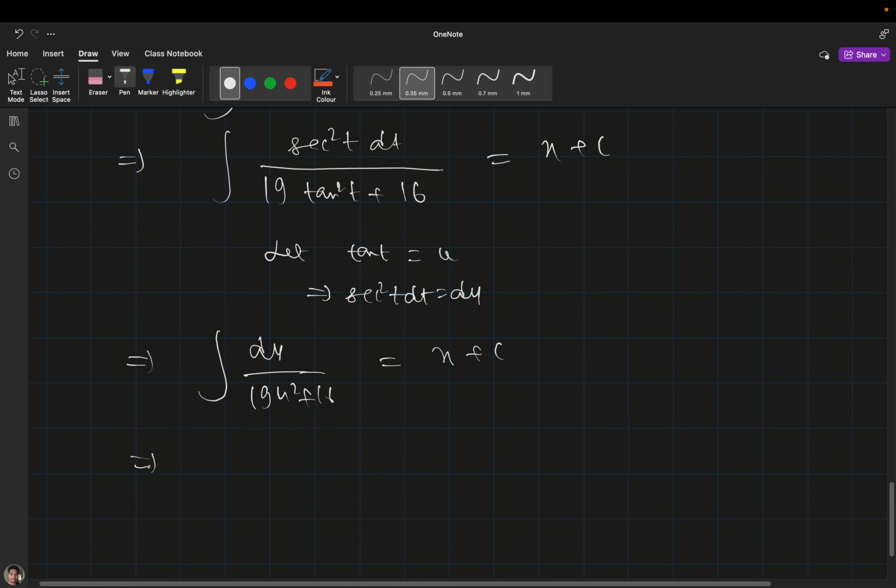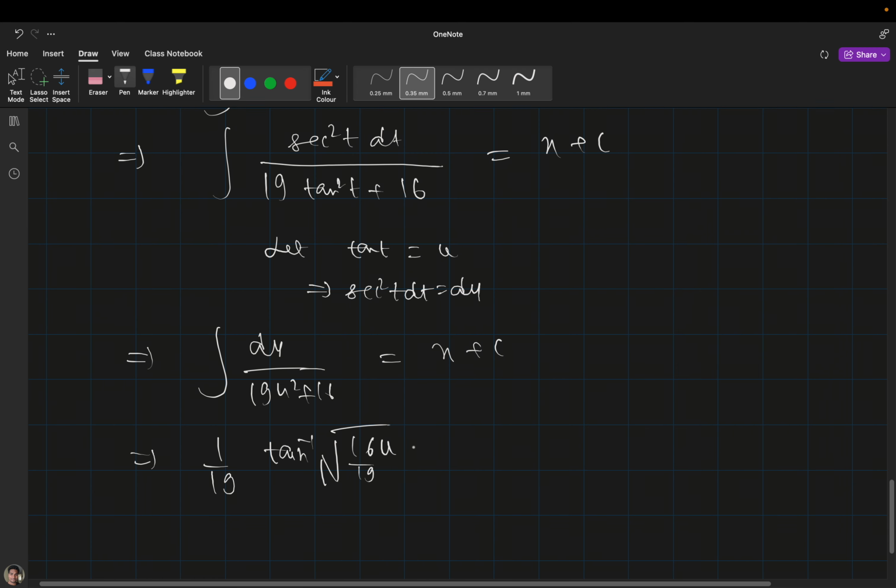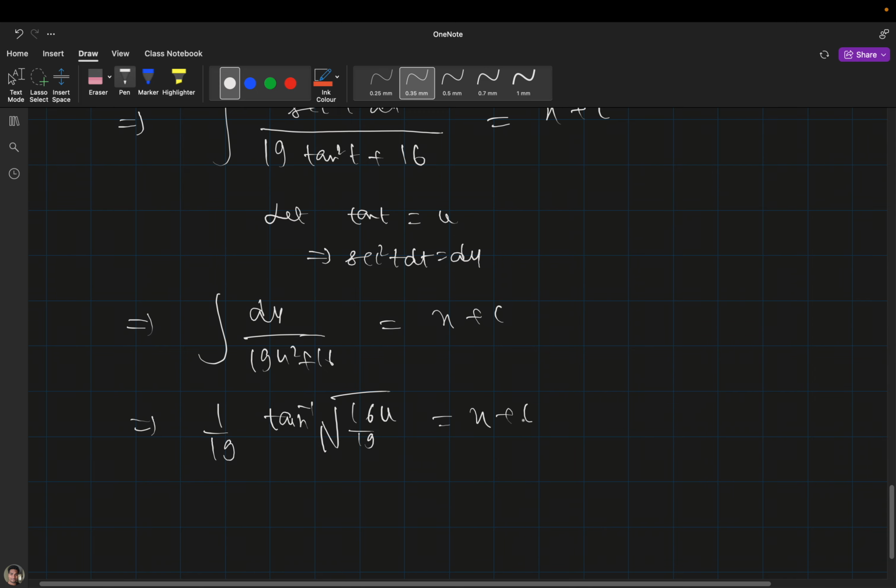Now you can see that this is nothing but the tan inverse x by a form. So you can write 1 by 19 tan inverse of 19 u by 16 equal to x plus c.